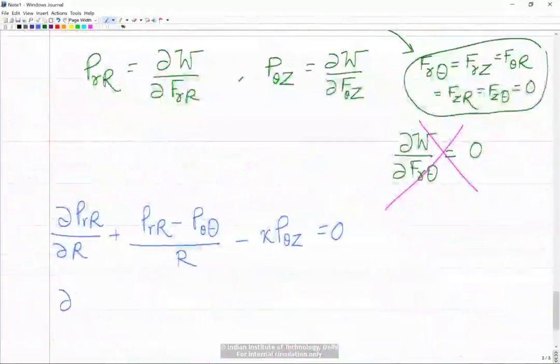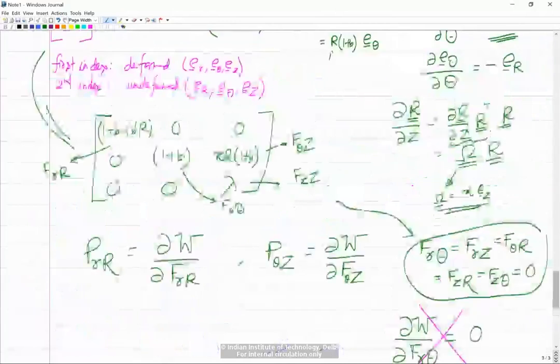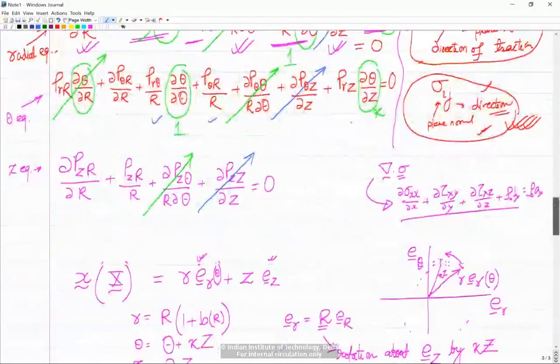So it is del P theta big R over del big R plus P small theta big R plus P small r big theta over big R. What else?